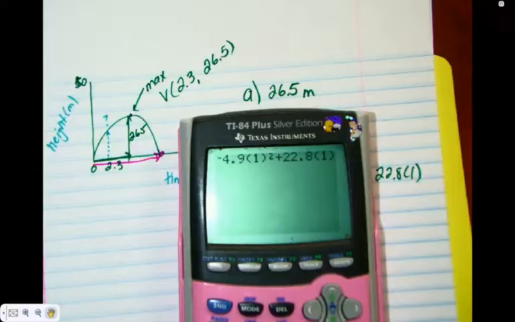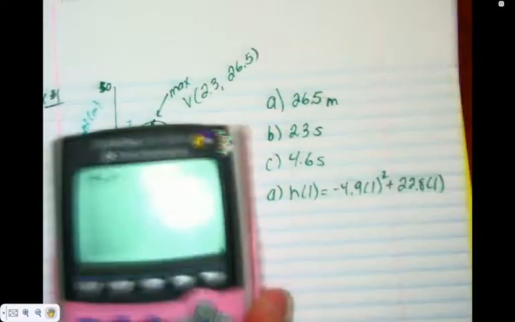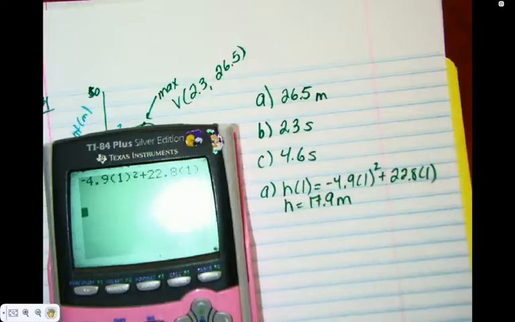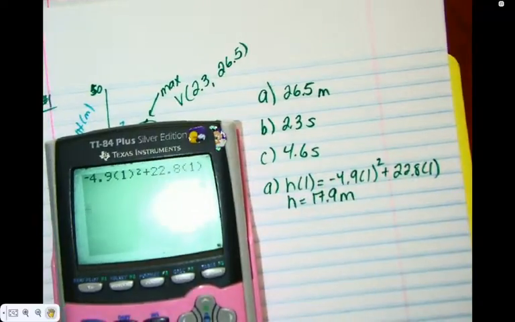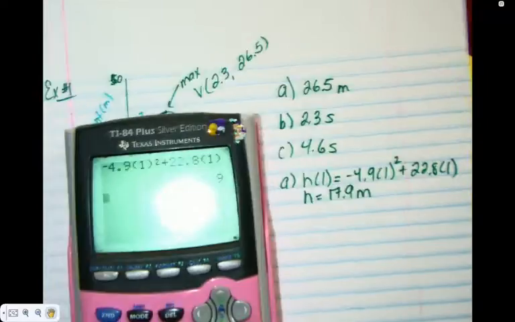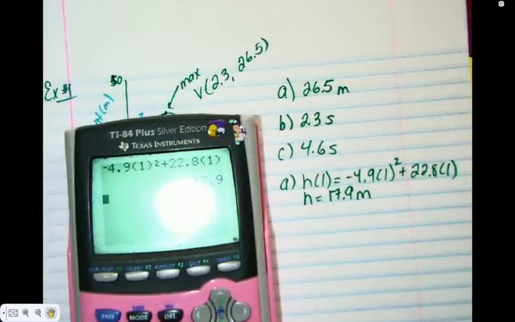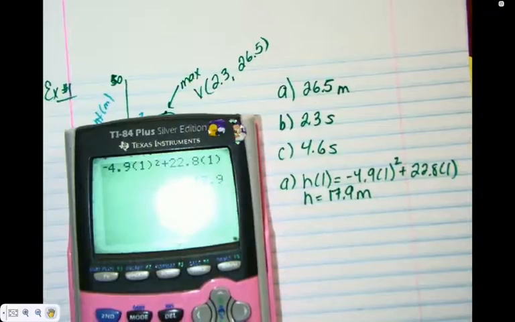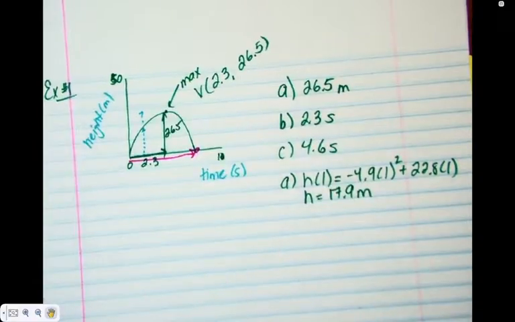I don't want to hit enter because I don't want to spoil the fun. 17.9? Okay, so if we want to calculate the height at any particular time, it's just going to be direct substitution. Those are height problems. That's the way they're always going to work.